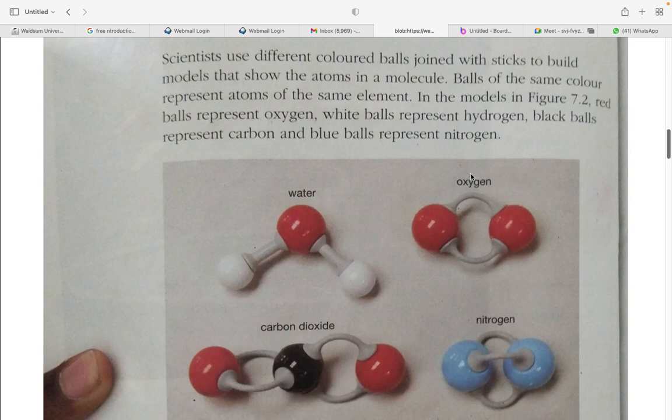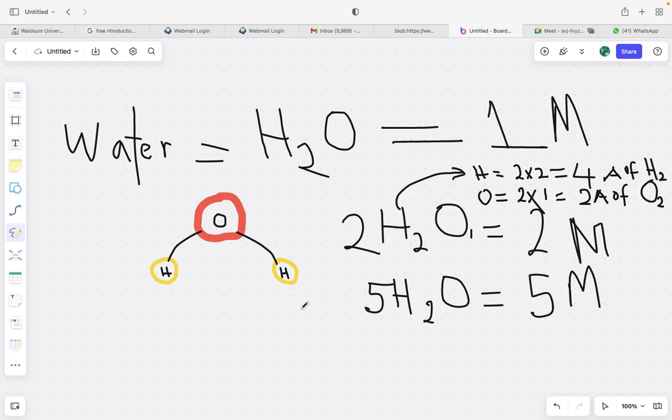Now let's take a look at this second one, oxygen. Oxygen is diatomic. So let's draw the structure.